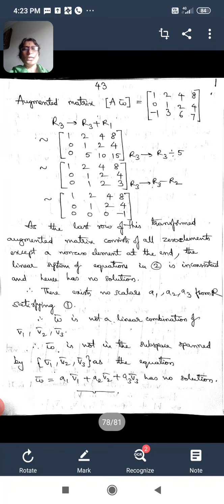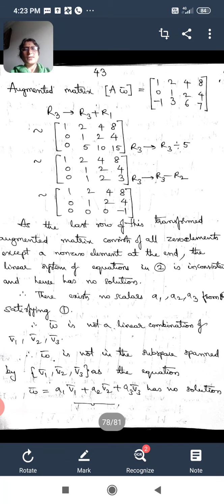So that is how W bar is not in the subspace spanned by V1 bar, V2 bar, V3 bar, as the equation W bar equals a1 V1 bar plus a2 V2 bar plus a3 V3 bar has no solution.